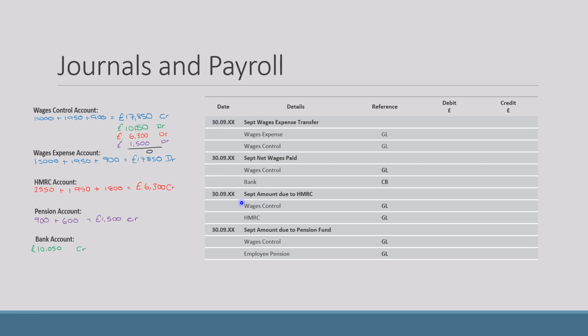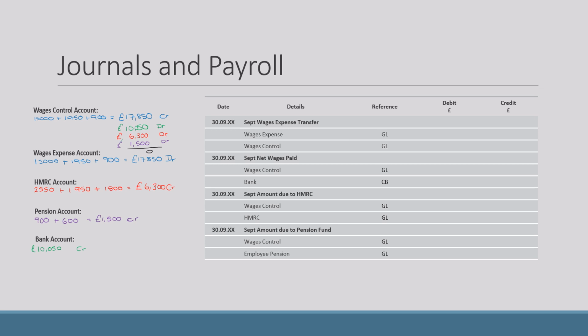So first of all, to create the journal, we've got our date. And then here you can see we've got the wages expense, our net wages paid to our employees, the amount that's going to be due to HMRC, and the amount that's going to be due to our pension fund. So at this point, it's quite nice and easy, and we can just go through and put all the figures in.